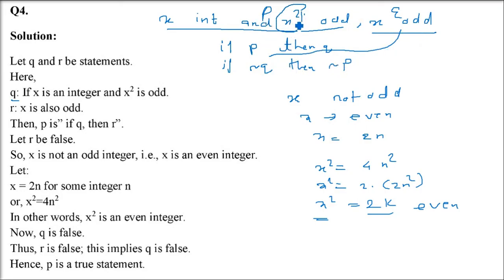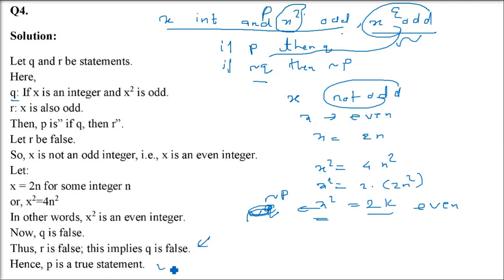If I assumed not R, I proved it to be not Q. That is, by any means we are saying if P then Q. So this is a true statement. R is false, that is implying Q is false. You need to go back to the theory and understand it well, so that you understand how we can write it in a contrapositive way.